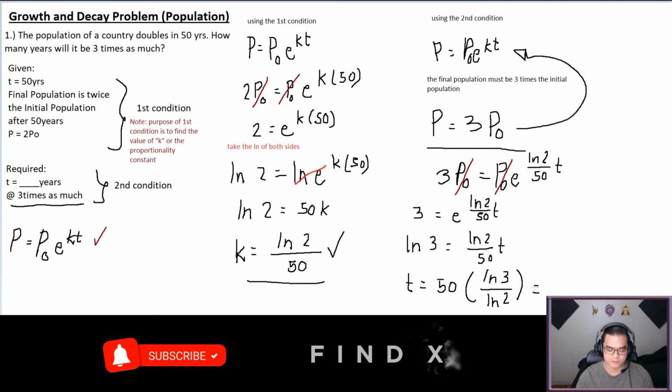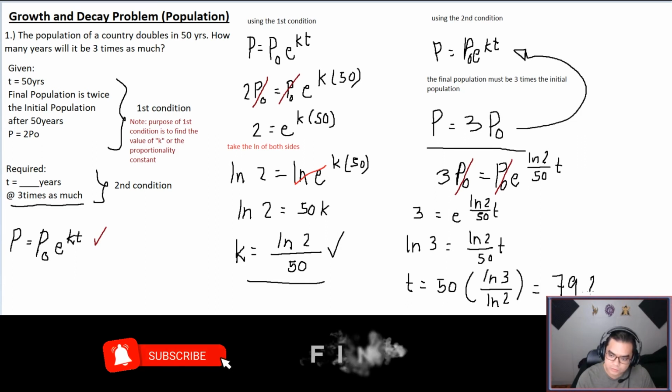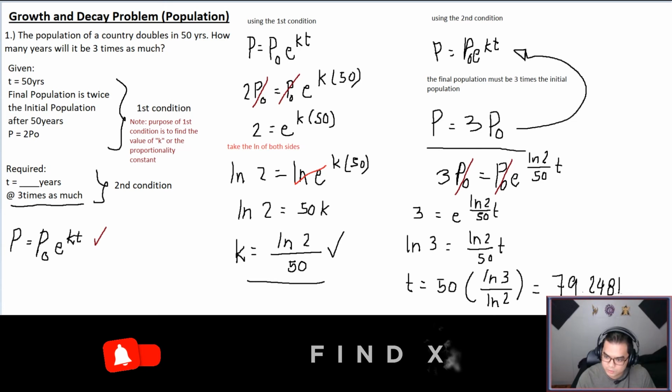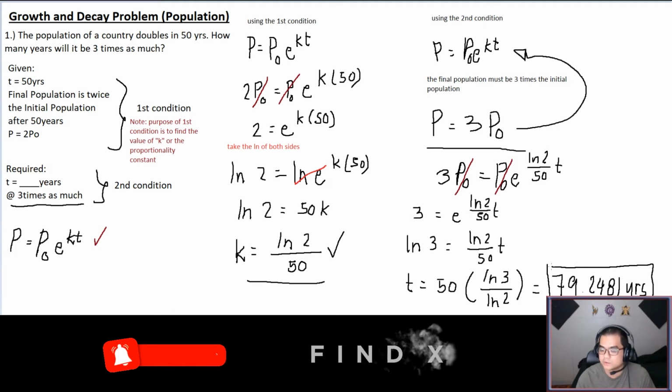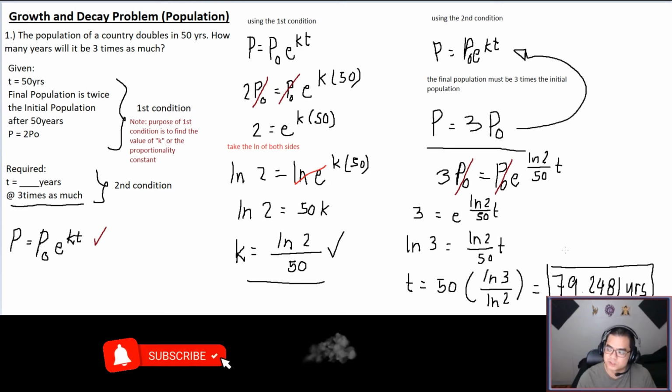So the answer is 79.2481 years. Therefore, that means after 79.2481 years, the population will triple, or will be three times as much as the initial amount.